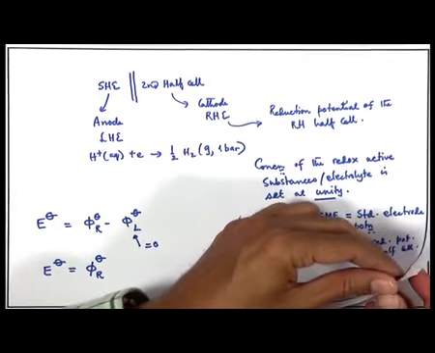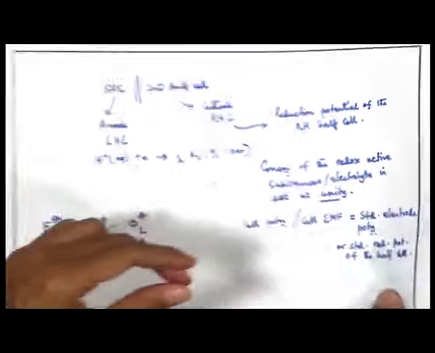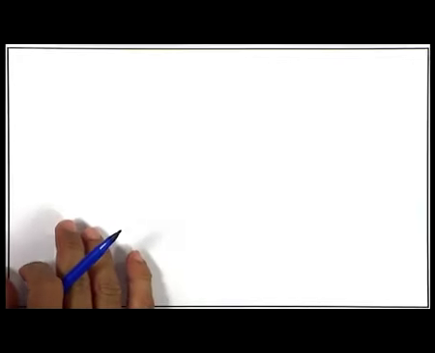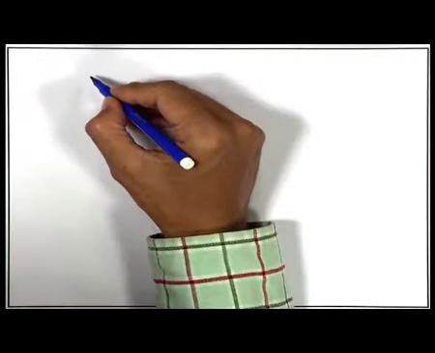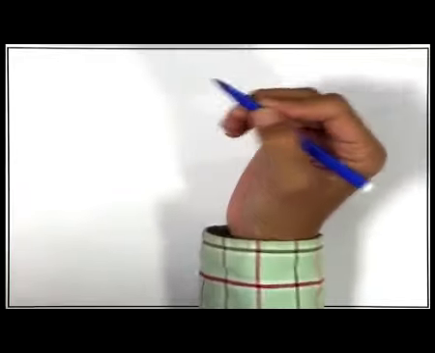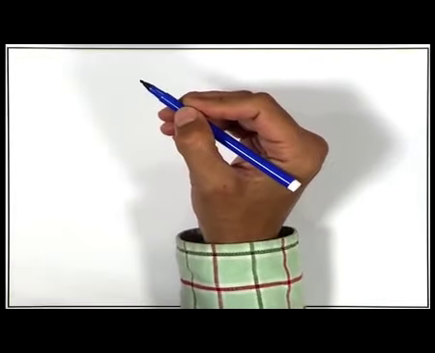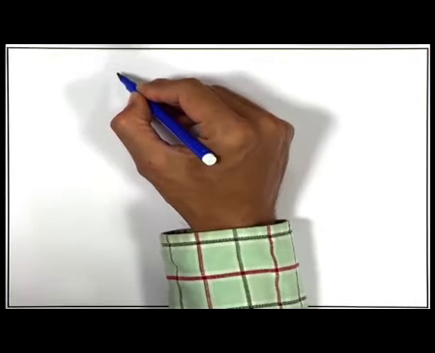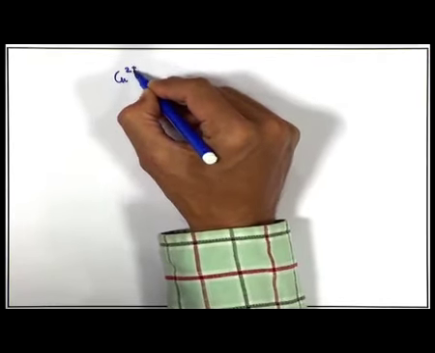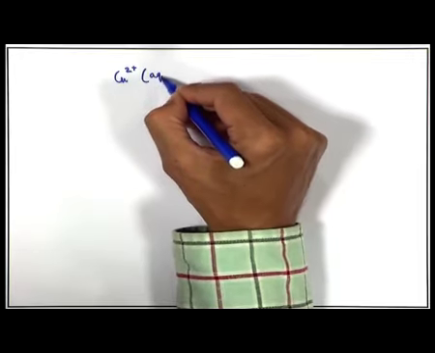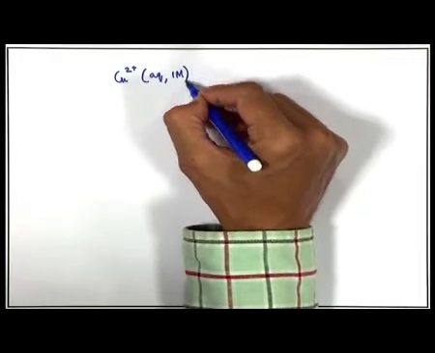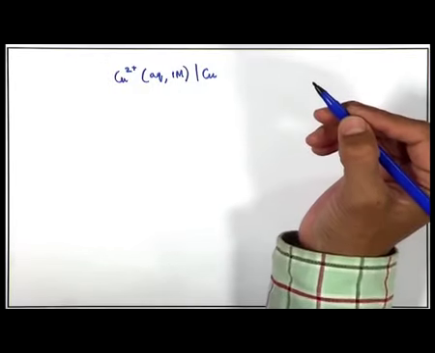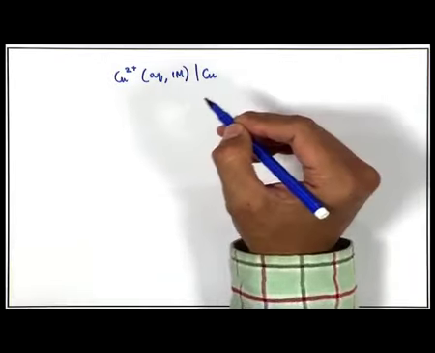Okay. So, suppose for the Daniell cell, we do not know the half cell potential for this half cell, say Cu 2 plus. What you have to do? Just couple this with the standard hydrogen electrode.